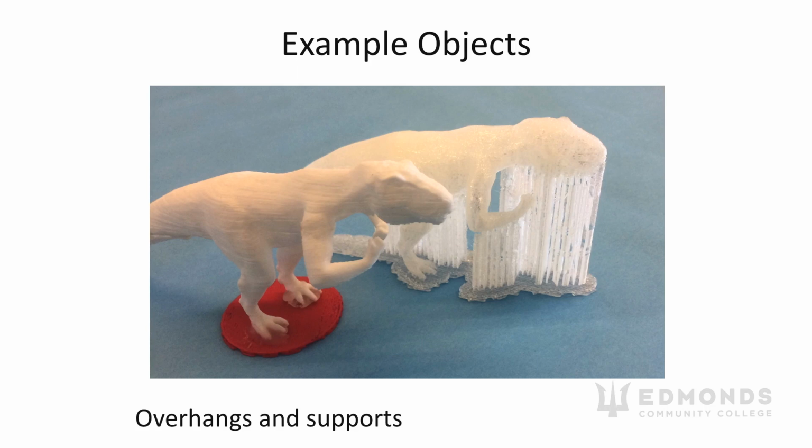So here we have a raft produced with supports on top of it in order to hold up our figurine right here, our T-Rex with beefy arms. And you'll notice looking at this shape that no matter what print orientation we choose, it will still need supports underneath it.